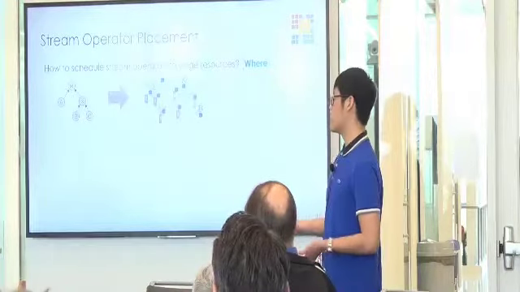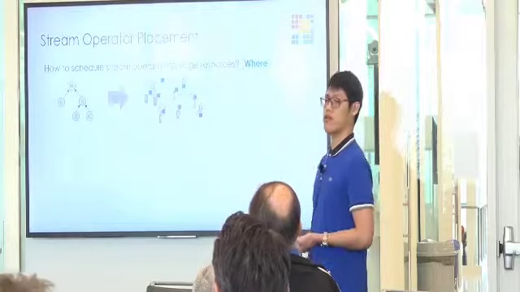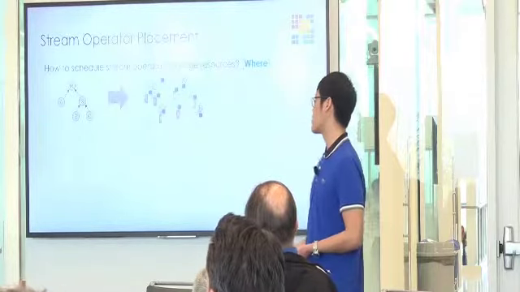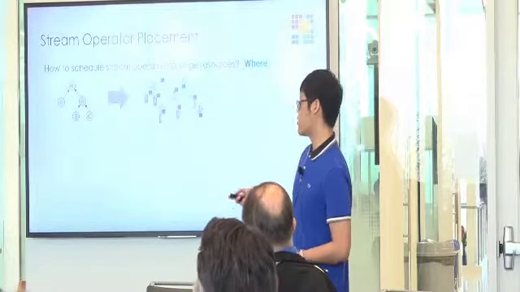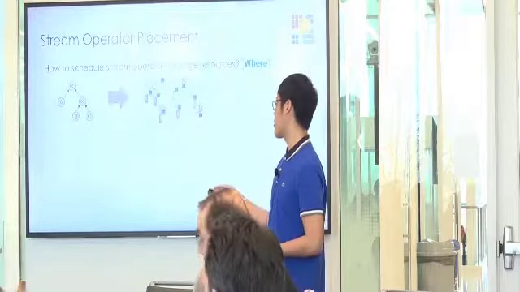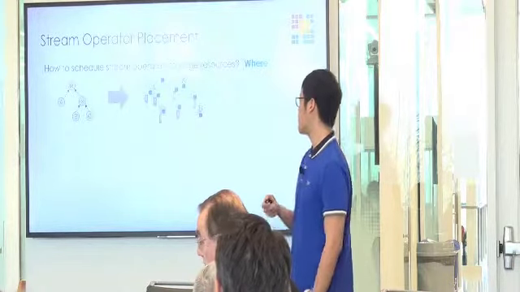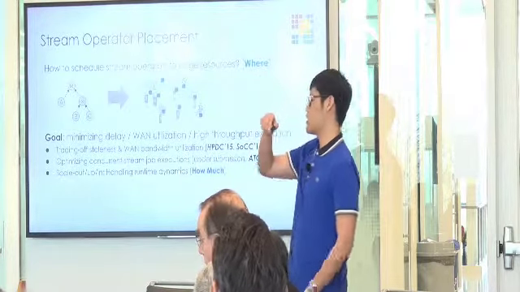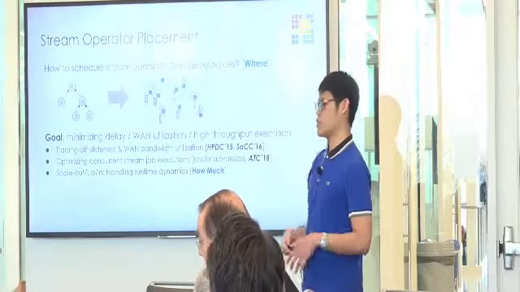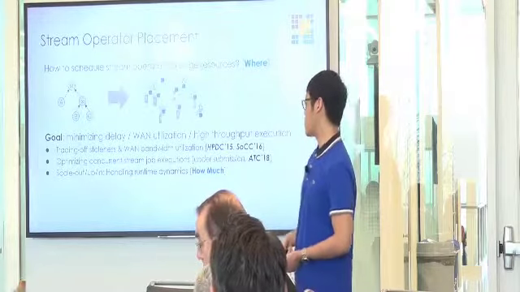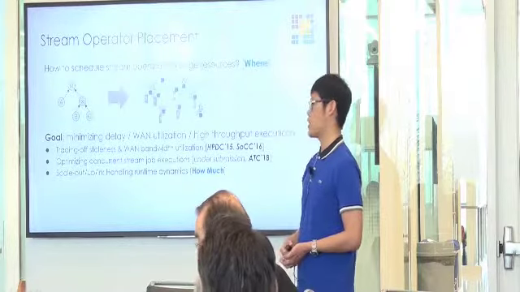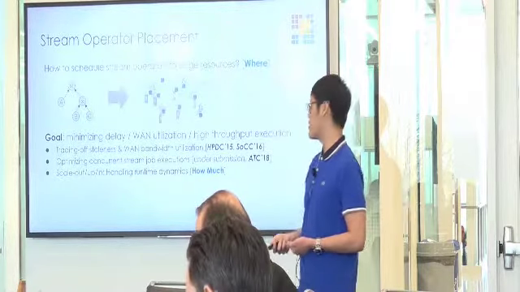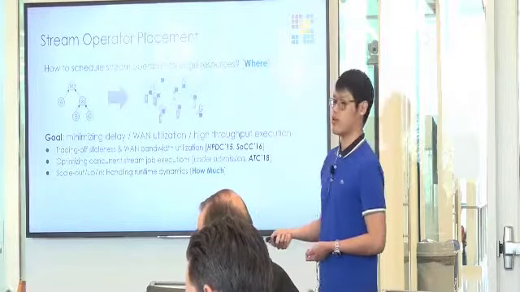So we also did WAN-aware operator scheduling, where we try to figure out where each operator in the streaming topology should be placed in the system. Our goal here is to minimize the delay, because we need to process data in real time, and also to save WAN utilization and achieve high throughput execution.